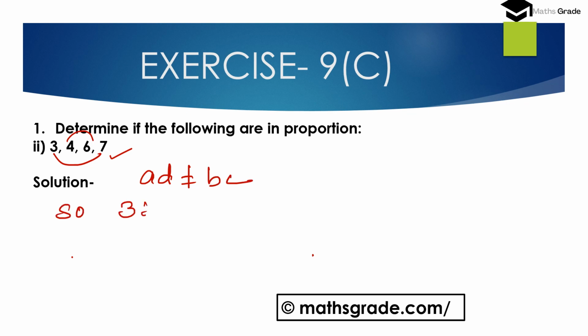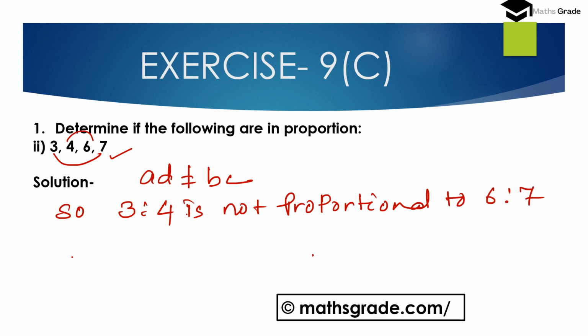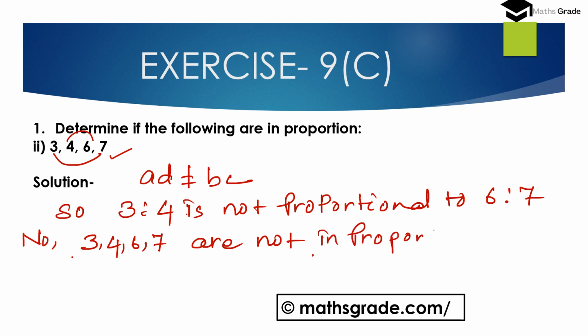So 3:4 is not proportional to 6:7. No, these numbers 3, 4, 6, 7 are not in proportion. So the numbers 3, 4, 6, 7 are not in proportions.